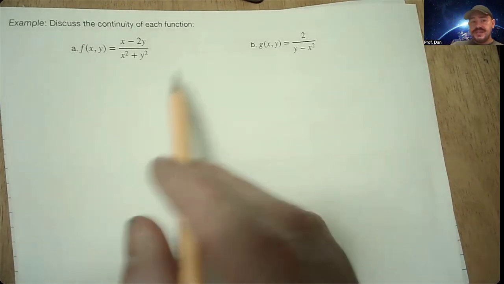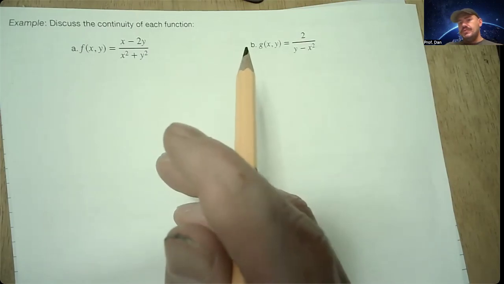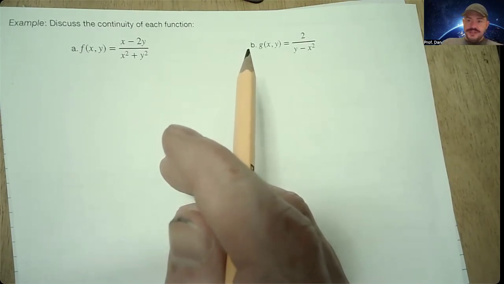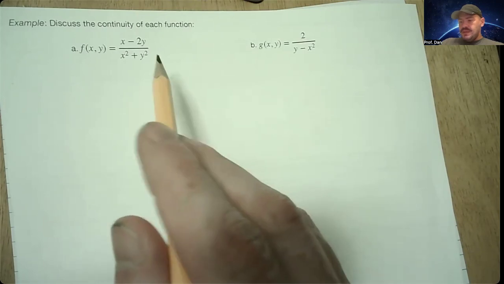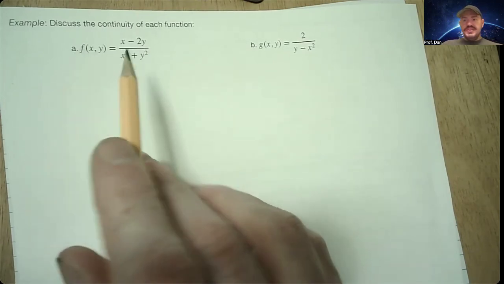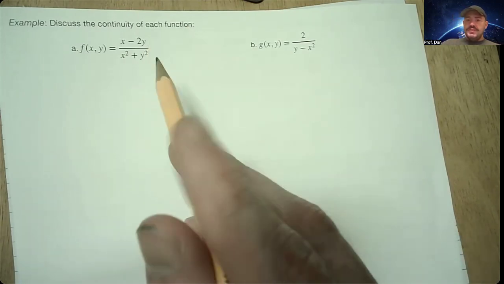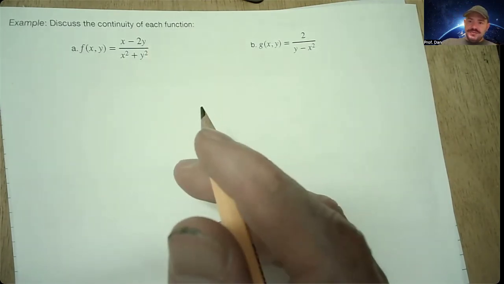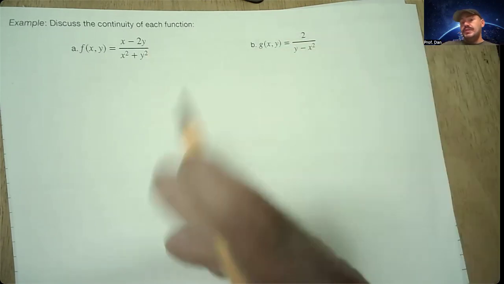So for questions like this, where we want to discuss the continuity or figure out whether a function is continuous on an interval, we need to do what we do to find domain, look for math no-nos. If we don't have a specific interval we're looking at and it just says to discuss, then we look for the domain. And otherwise, we only need to look at the values that are on the interval that we're given.